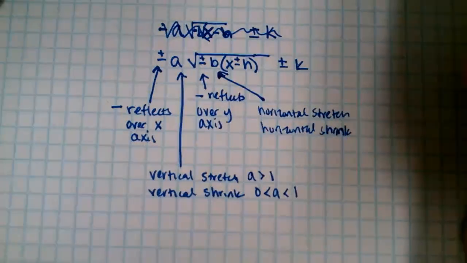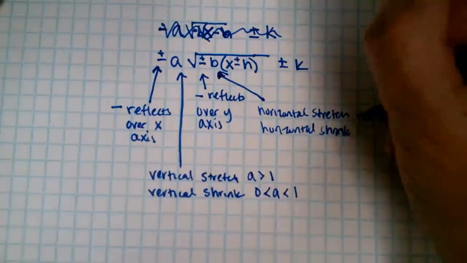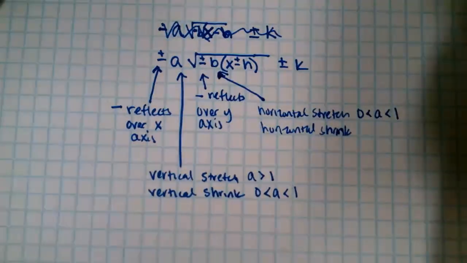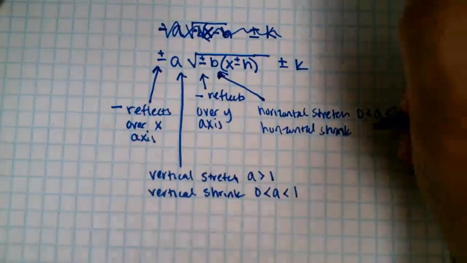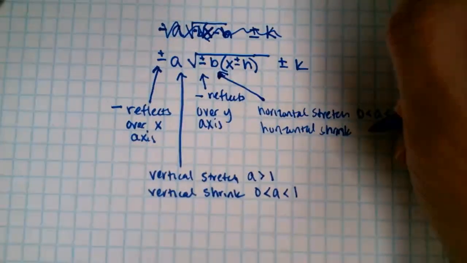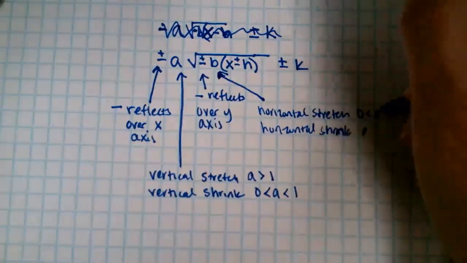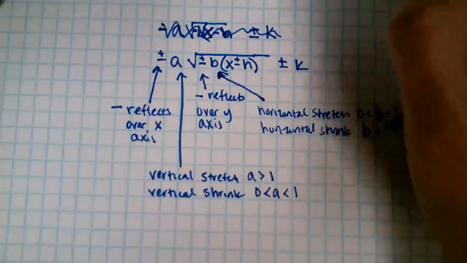Well, this is opposite. These have a horizontal stretch when it's a number between 0 and 1, and it's a horizontal shrink when our B number is greater than 1.